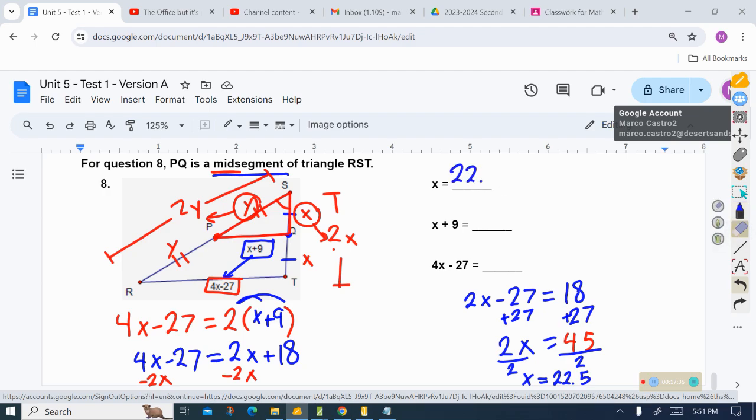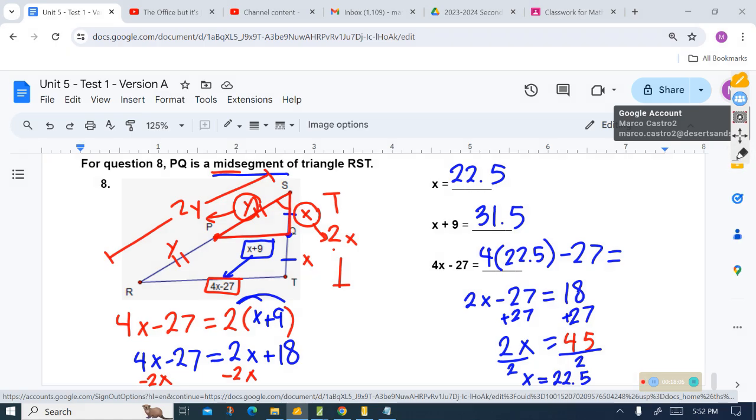And now to get the other values, again, just don't forget to substitute, right? So in this case, we'll do 22.5 plus 9, and that gives me 31.5, okay? So again, just plug in your numbers in here. In this case, I'll have to do 4 times 22.5 minus 27, and you have to calculate what that is. You can go ahead and work on that on your own and try to get an answer.